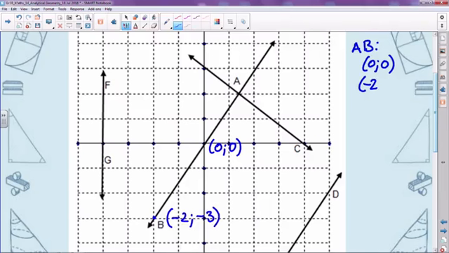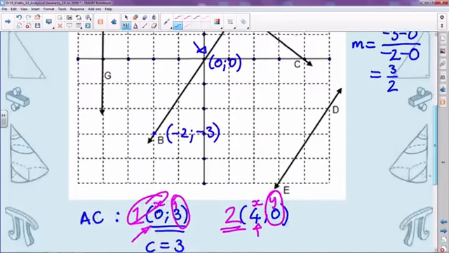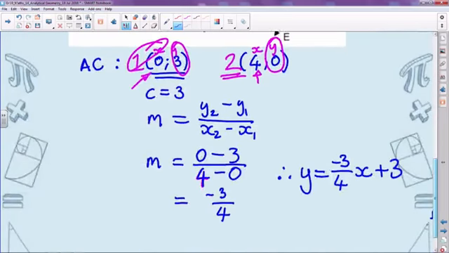How did I get that? I read it off the graph. So my y-intercept or my c value is going to be 0 because it cuts the y-axis at 0. But my gradient is going to be -3 minus 0 over -2 minus 0, which gives me an answer of 3/2. Is that perpendicular to this?